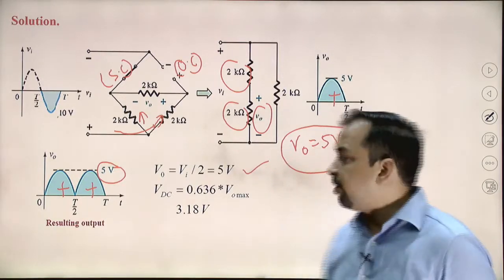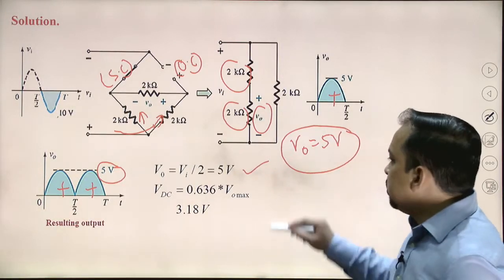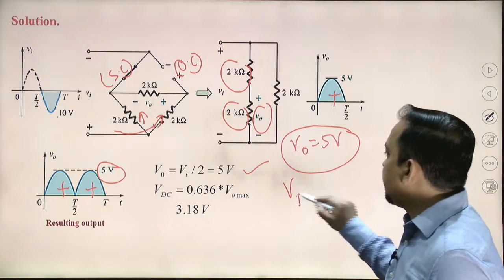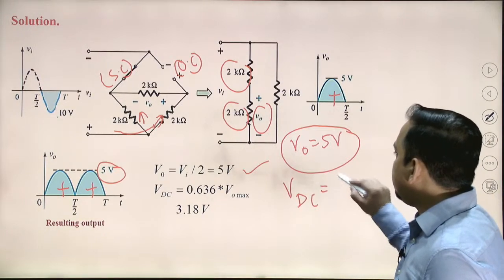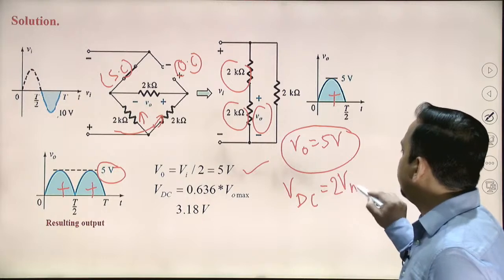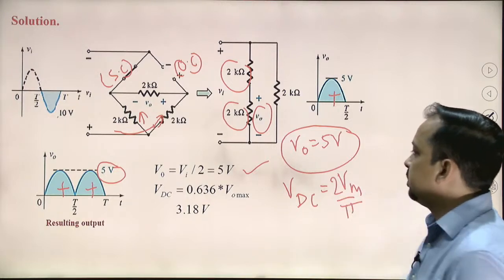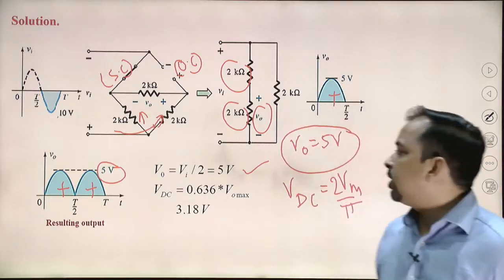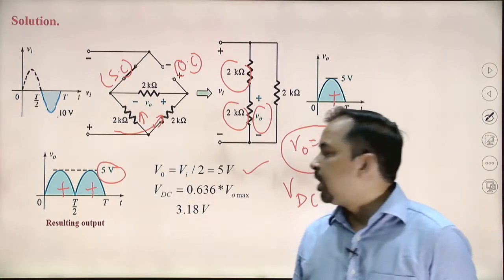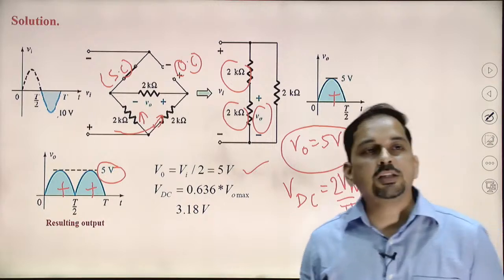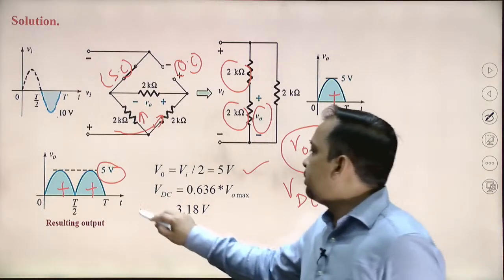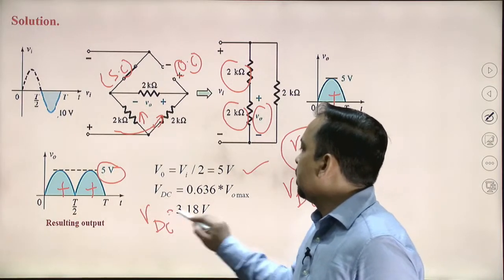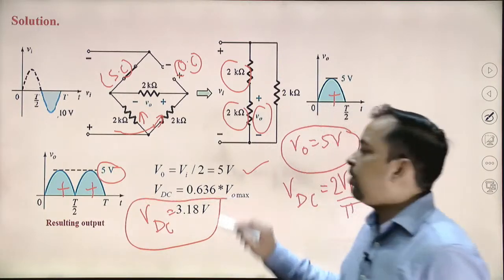If the waveform is full wave, the DC or average voltage is given as 2 Vm by pi. So we multiply 5 by 0.636 and get VDC equals 3.18 volt.